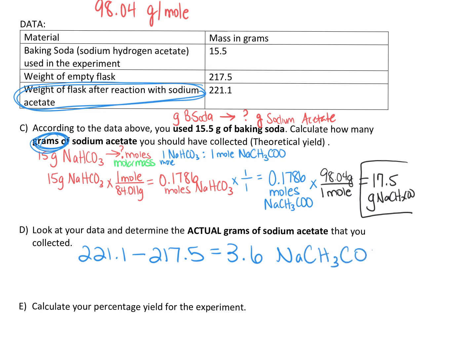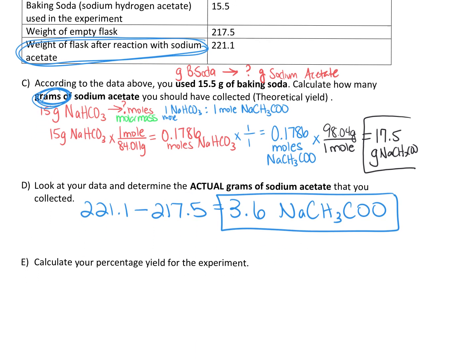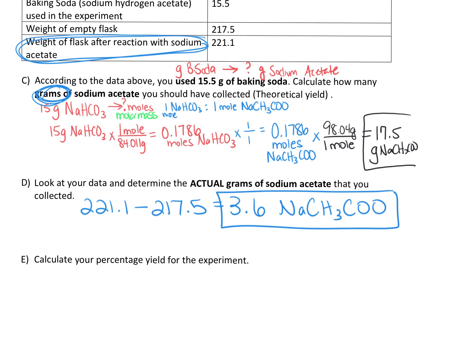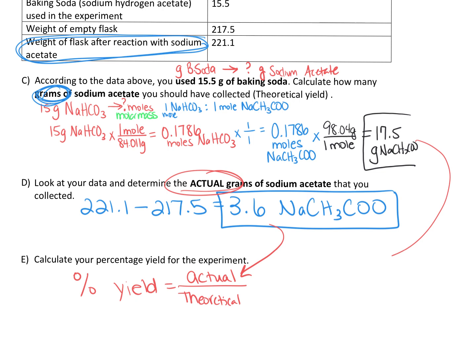So definitely not as good as my last chemical reaction, but let's go ahead and calculate the percentage yield that we got. Remember that to calculate a percentage yield, we take the actual amount that we got in the laboratory and divide it by our calculated theoretical amount that we should have gotten.